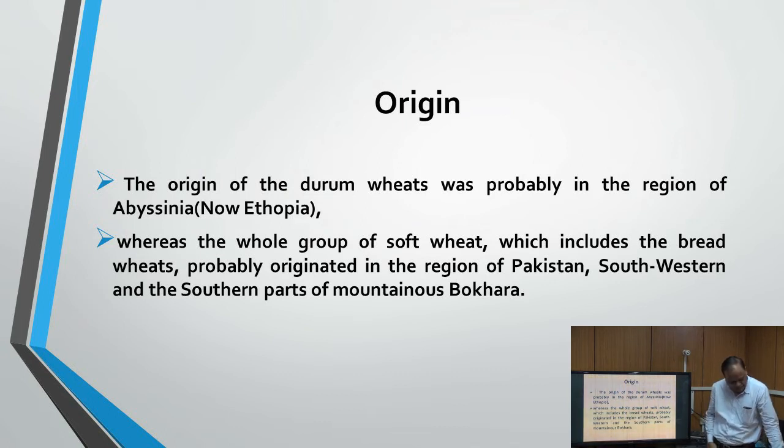For the durum wheat, it has been found that its origin was in Ethiopia, and Ethiopia is in Africa, whereas the whole group of soft wheat, that is bread wheat, most probably originated in the region of Pakistan, southwestern and southern parts of mountains in Bukhara. Nowadays it is in Uzbekistan.